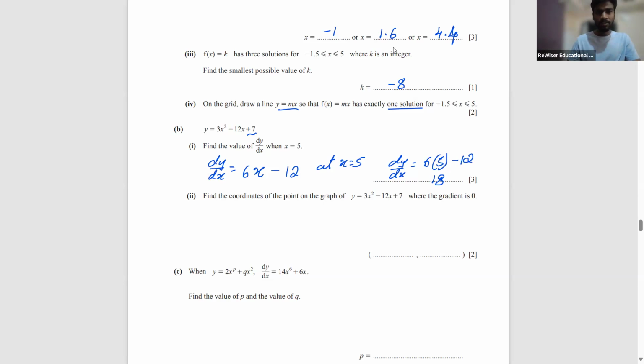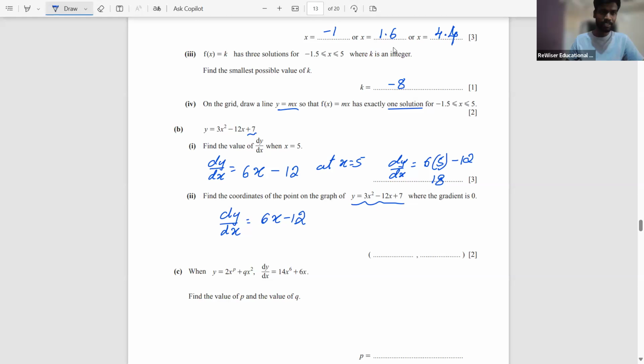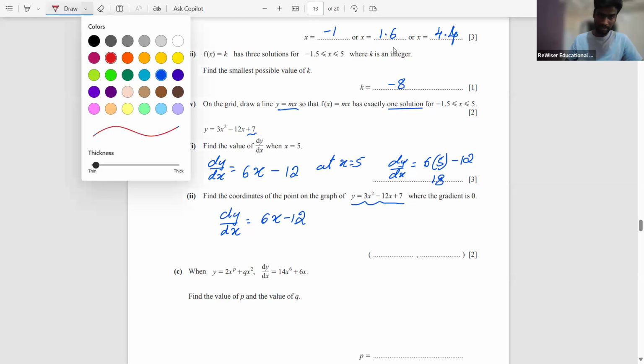Next, for B part 2, find the coordinates of the points on the graph where the gradient is 0. The gradient is basically dy by dx. When we differentiate this, as we have just done in part B, we got 6x minus 12. And we need to figure out at what coordinates the gradient is 0.